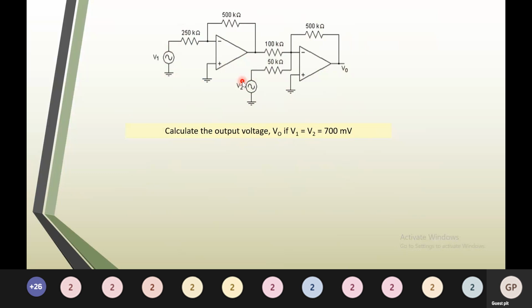Once you identify the circuit, your job is very simple. Easily you can write the expressions, substitute, and get the outputs. Just make it fast. Very simple one: just an inverting amplifier and a summing amplifier.